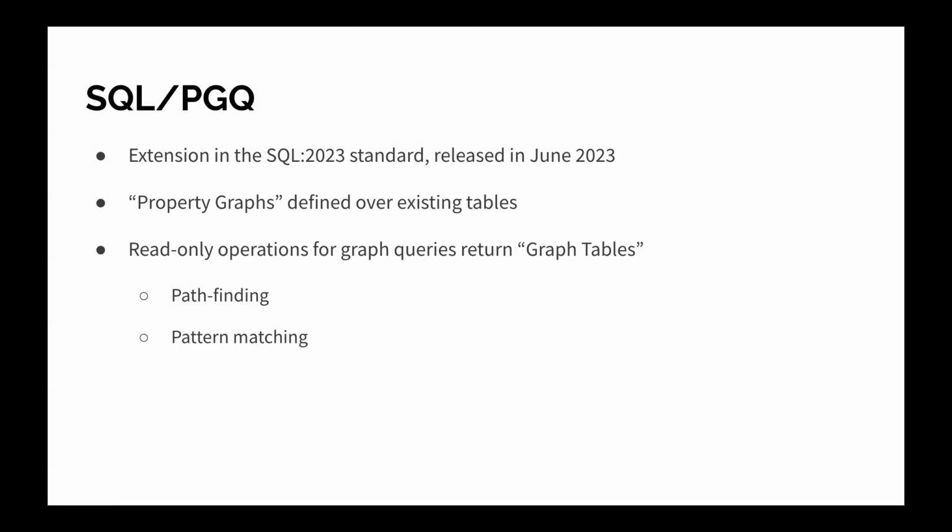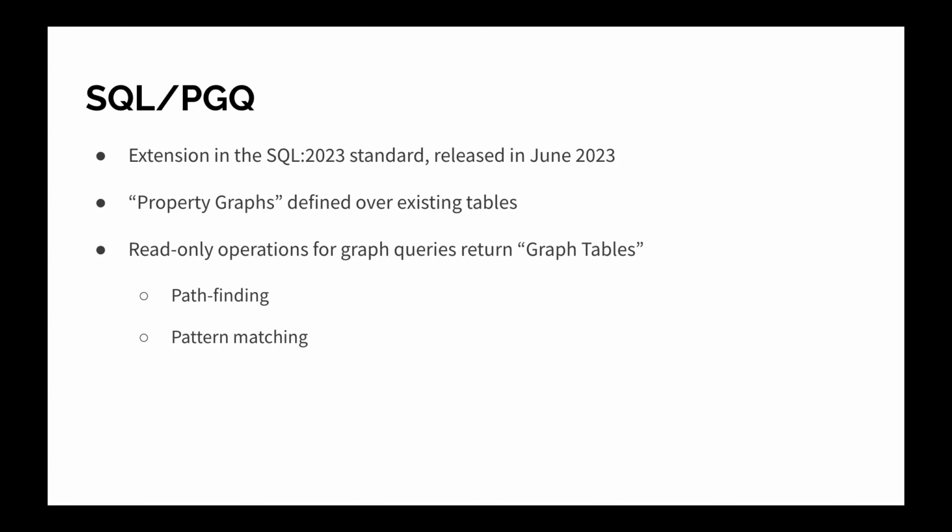But SQL-PGQ, the language, what it allows you to do is to define over an existing schema that you have in a relational database, where you have a table V with vertices and a table E with edges. A table E with edges would be something like a connecting table that causes an end-to-end join, essentially. And these occur quite often.